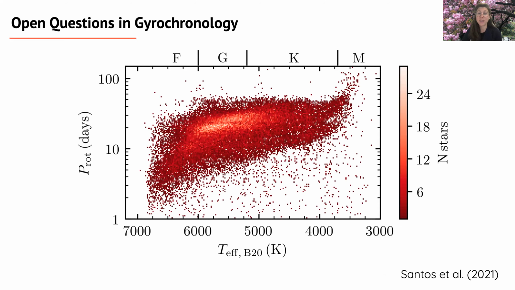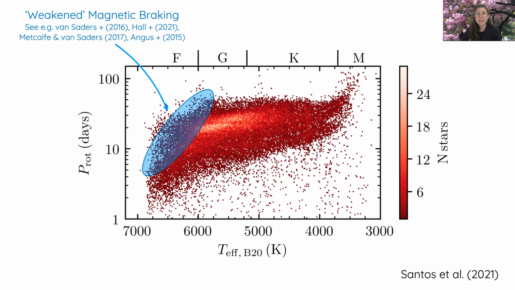Again, I'm showing rotation period on the y-axis and effective temperature on the x-axis here. And so I'm going to use this to point out where the gyrochronology models are still actively being calibrated and adjusted.